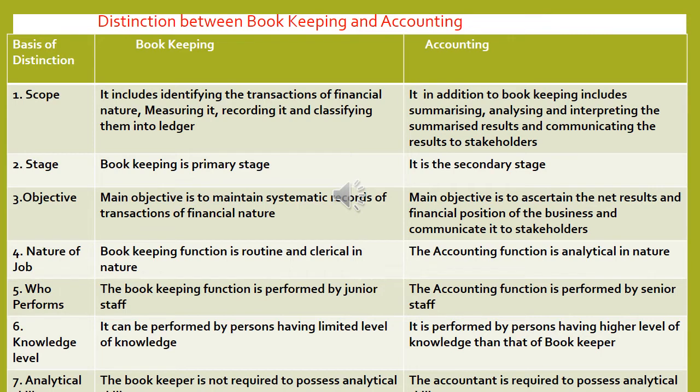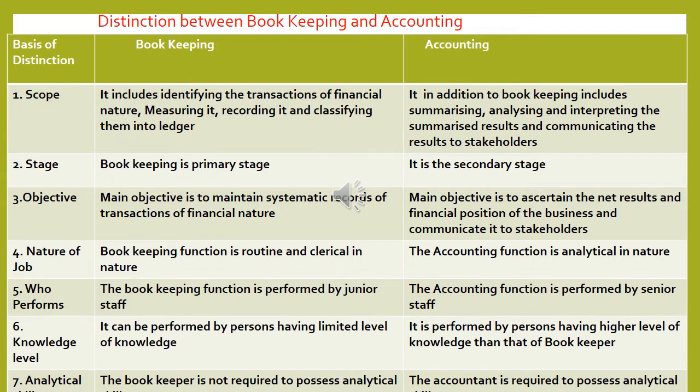Measuring the identified transactions in terms of money, recording the measured transactions, and classifying them into ledger. Grouping and classifying, that is posting in ledger. Till then, it is the bookkeeping procedure.